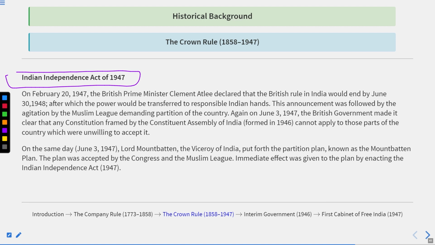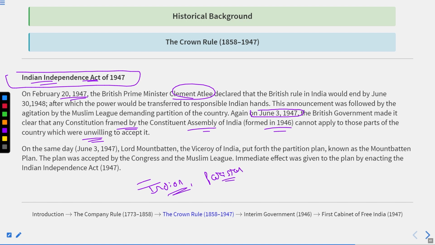Thereafter, the Indian Independence Act of 1947, basically proposed by Clement Attlee. On June 3, 1947, the British government made it clear that the constitution framed by the Constituent Assembly of India, 1946, could not apply to those parts of the country which were unwilling to accept it, because finally the division was made between India and Pakistan.